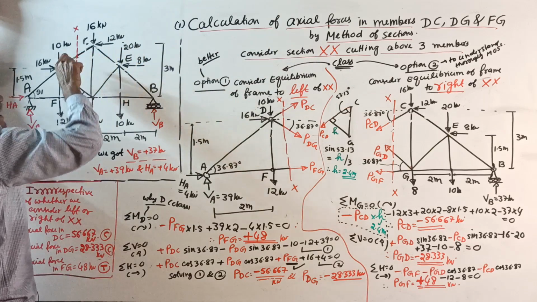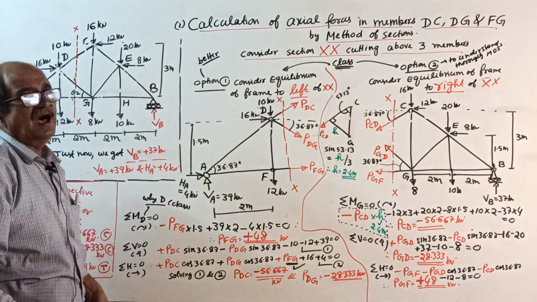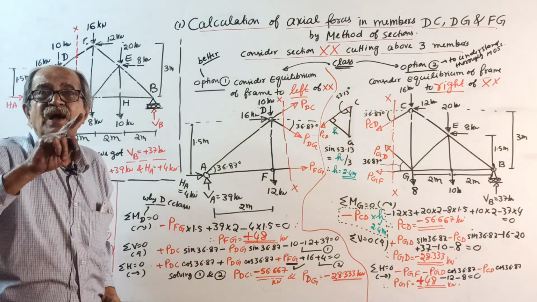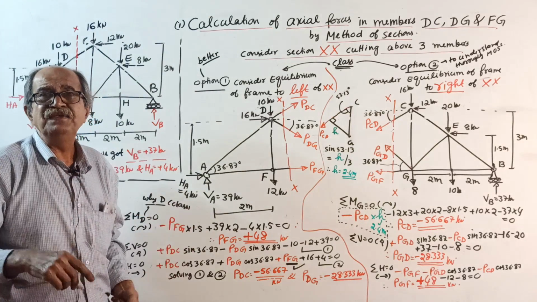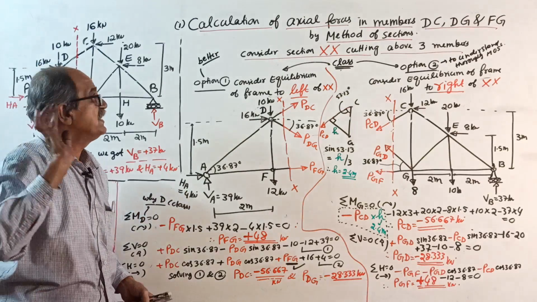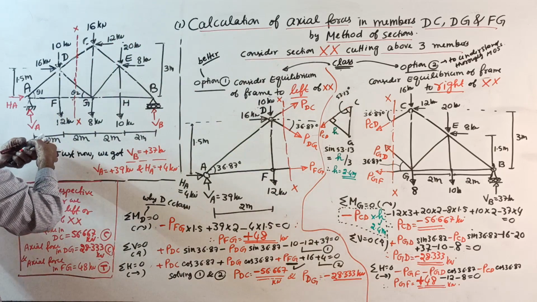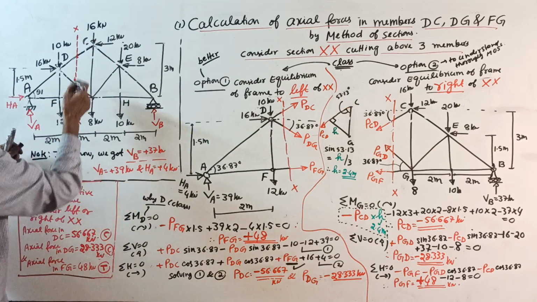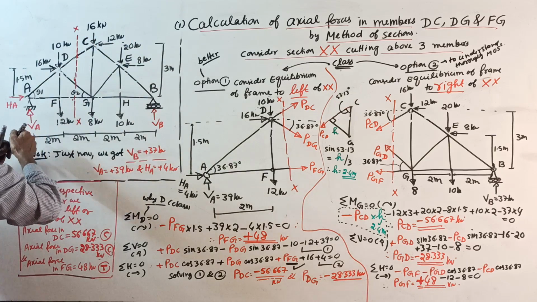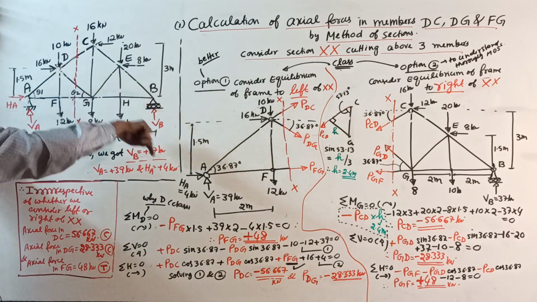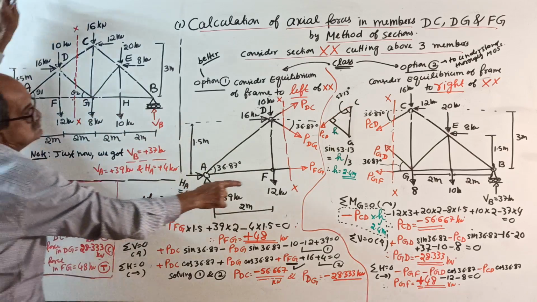I told you, unknown forces are assumed going away from the joint, meaning tension for axial force. This is C. This is all already known to you. See this force, and this force.